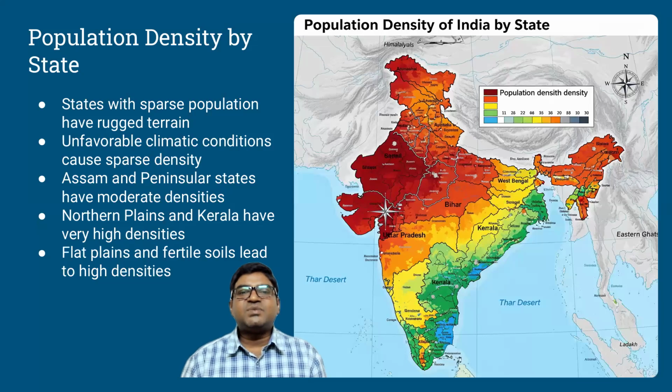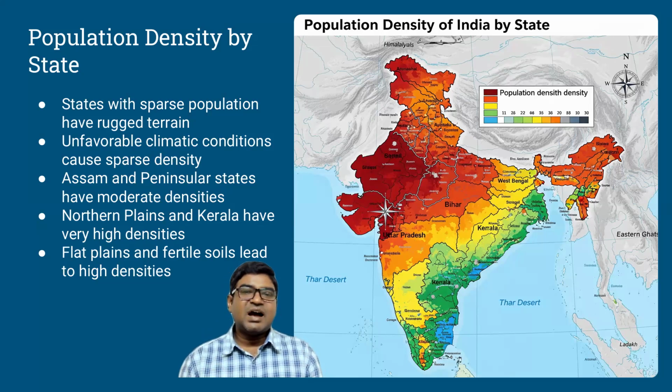Now, states with sparse population, density by state. When we take unfavorable conditions, what are the reasons for the states to have less population or less density in population? One, the rugged terrain, the land type, and also harsh climatic conditions, cold climatic conditions. So the extremities of the climatic conditions, if they exist there, cause a problem for people to be there.